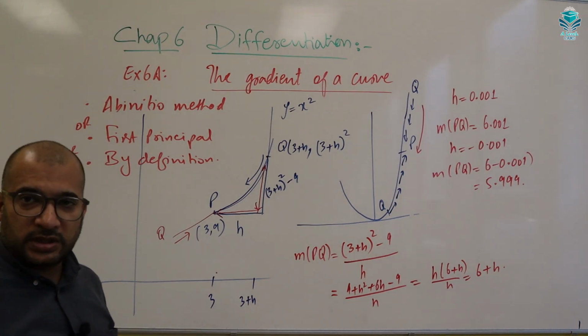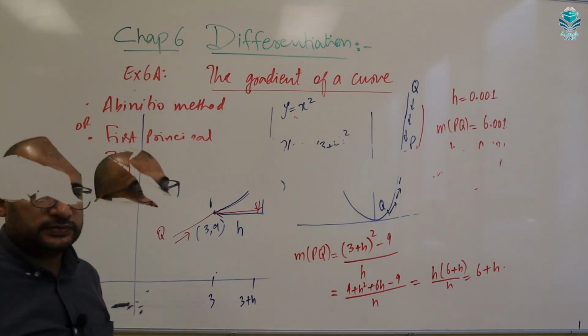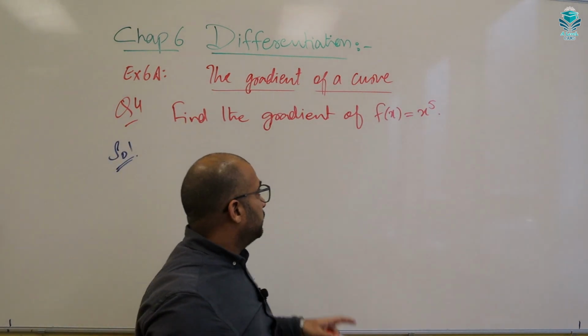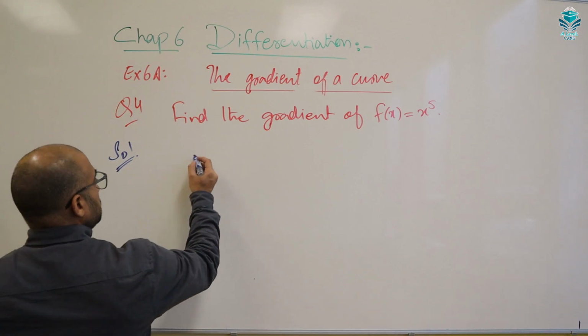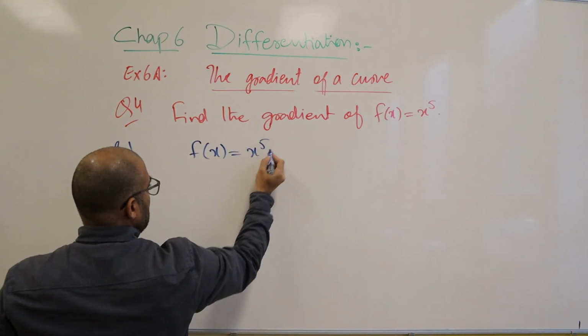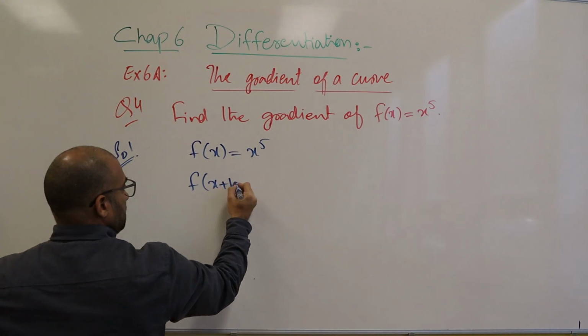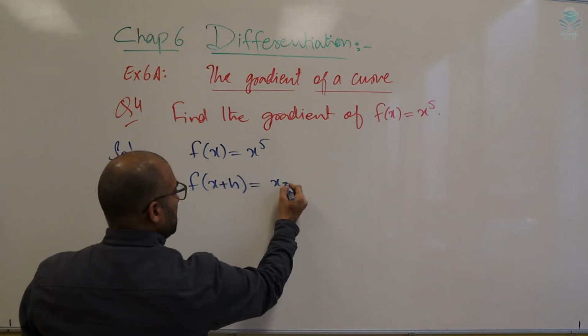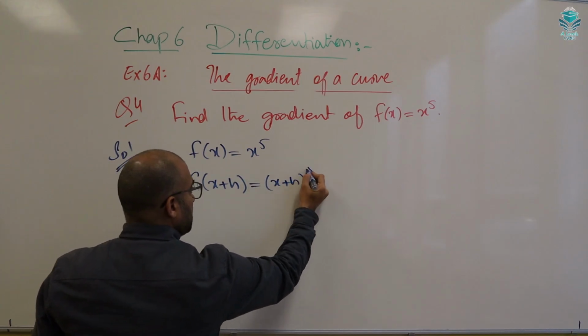So now we solve one question to clarify the idea. Students, we are given that the function f of x is x raised to power 5 and we have to find its gradient. So you can consider f of x is x5, which is given. Consider the function a little bit after its value: you have (x plus h) raised to power 5.